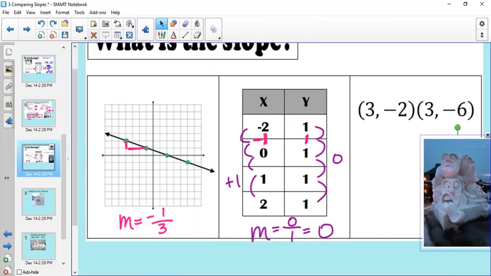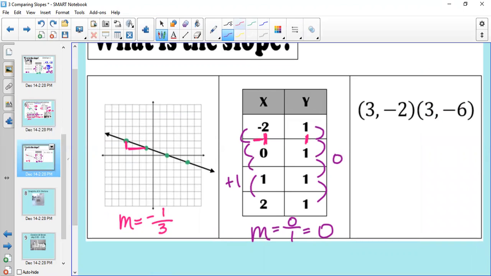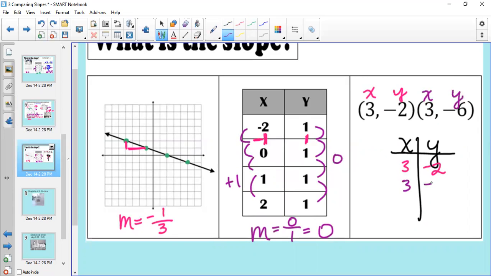All right, last one. Going to make a table here. And x is 3 and negative 2 is our y. And same with the next point, x is 3 and negative 6 is our y. Our changes in our x's were 0.